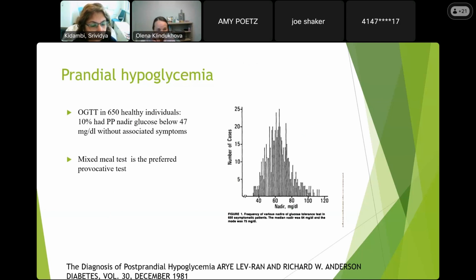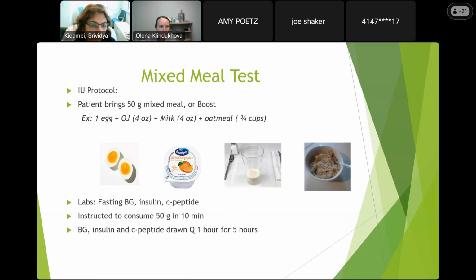Based on this article from 1981, we stopped using OGTT for diagnosis of hypoglycemia, and that's where the mixed meal test became a preferred diagnostic tool.